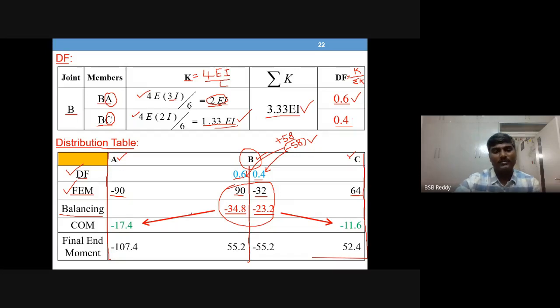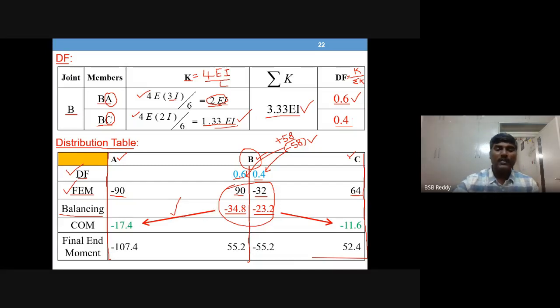A is fixed, so half the value should go to it. You have to draw an arrow like this. This arrow must be there in your table. This is not for my presentation purpose; it is part of your solution. You shall draw this arrow from this row to this row.